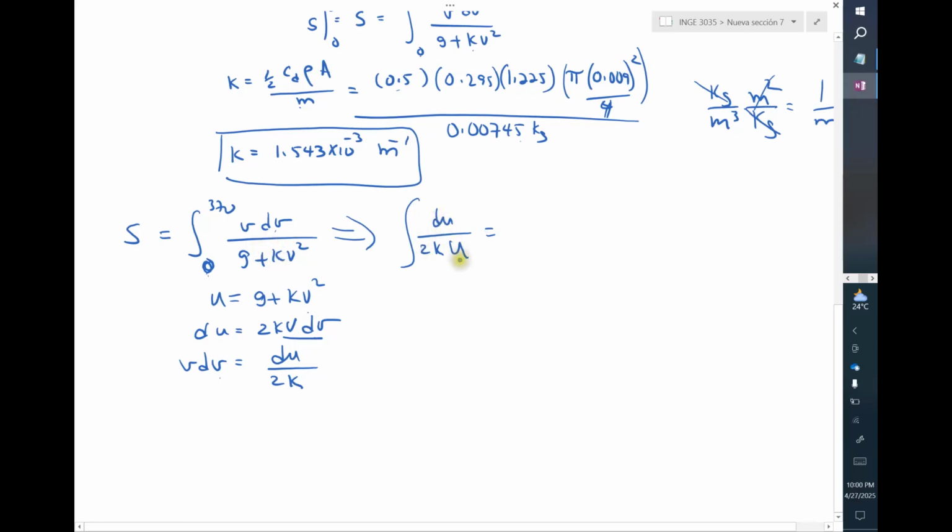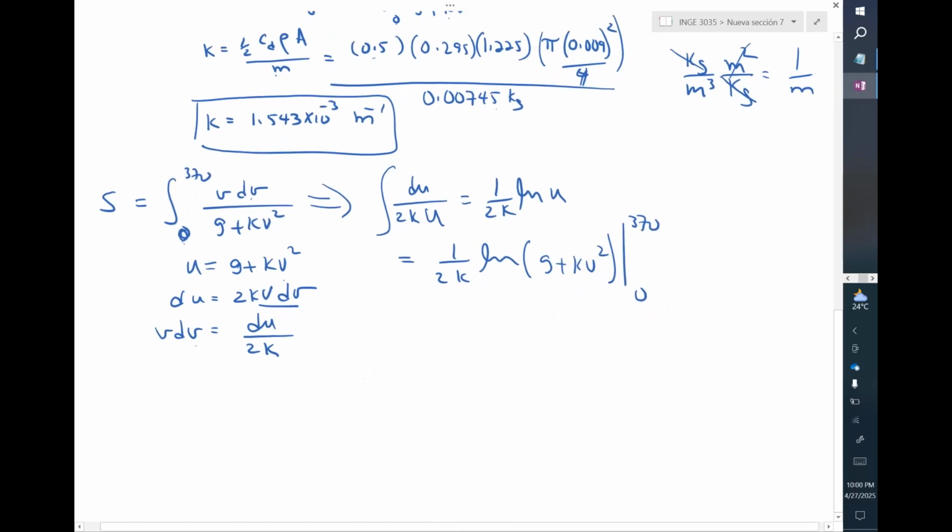du over u, that's log of u, so we end up with 1 over 2k times the log of u, but u is g plus kv squared. So this integral ends up being like this, and the only thing that I need to do is evaluate the limits. So let's write this from 0 to 370.